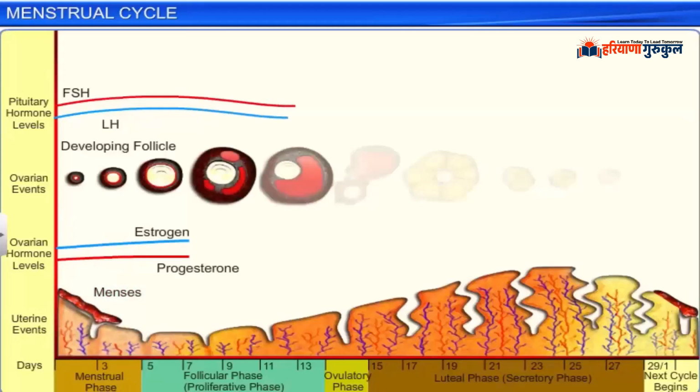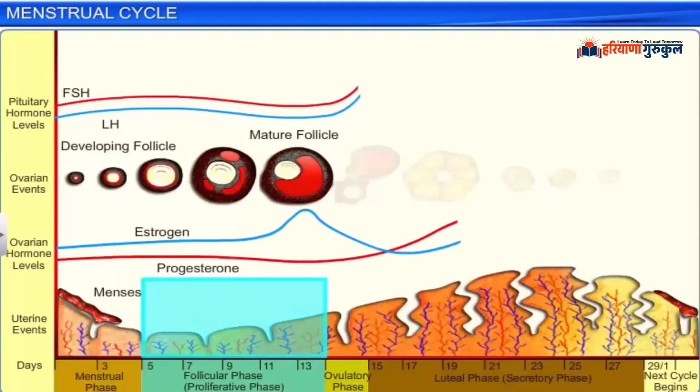The release of LH and FSH keeps increasing, and during the follicular stage, these two hormones stimulate the maturation of the primary follicle into the Graafian follicle. Moreover, LH and FSH stimulate the maturing follicles to release estrogen, a hormone that helps in the proliferation of the endometrium.